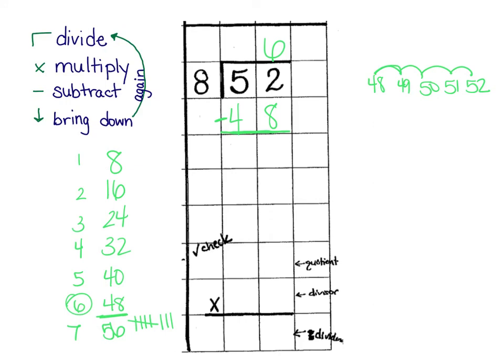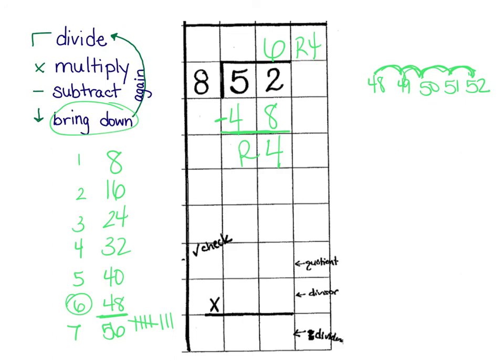We went up 1, 2, 3, 4 places. So 52 minus 48 is 4. Because we only went up, there were only 4 places between these two numbers. We cannot bring down, so we have a remainder of 4.